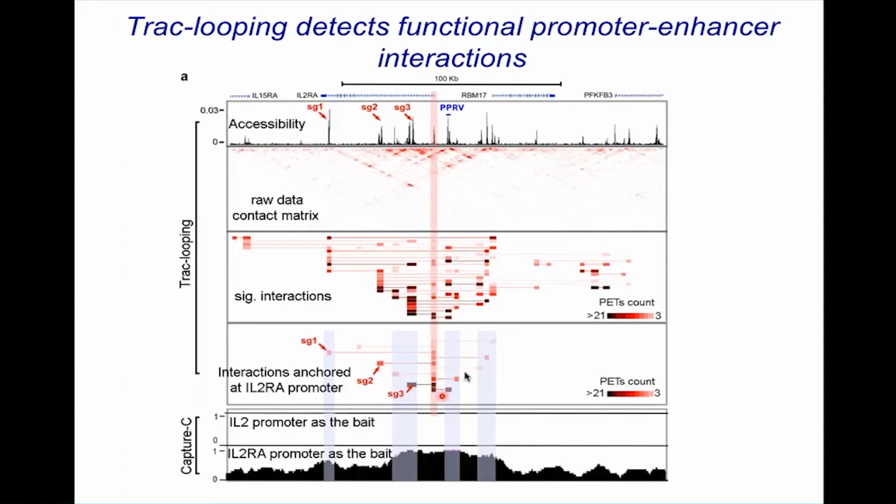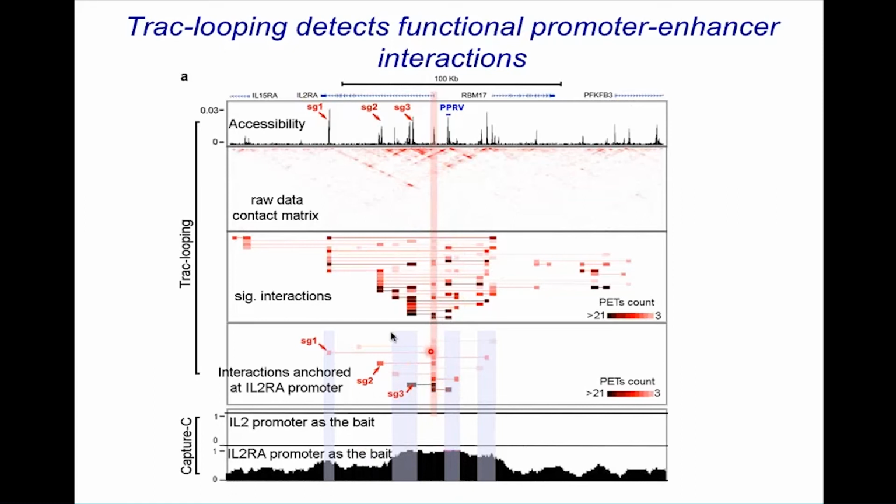This panel shows the interactions directly linked to the promoter for the interleukin-2 receptor gene. All of these interactions are validated by the capture-C analysis using the IL-2 receptor promoter as a bait.